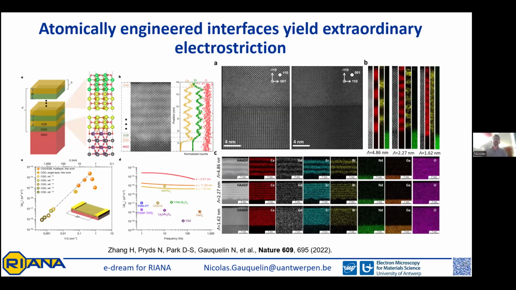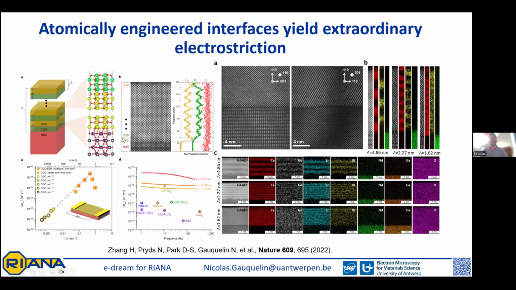Another example is from a long-ago work that I did a few years ago, where we looked at atomically engineered interfaces that yielded some very strong electrostriction coefficient. Which means that when the material was being excited by an electric field, it produced some mechanical deformation.